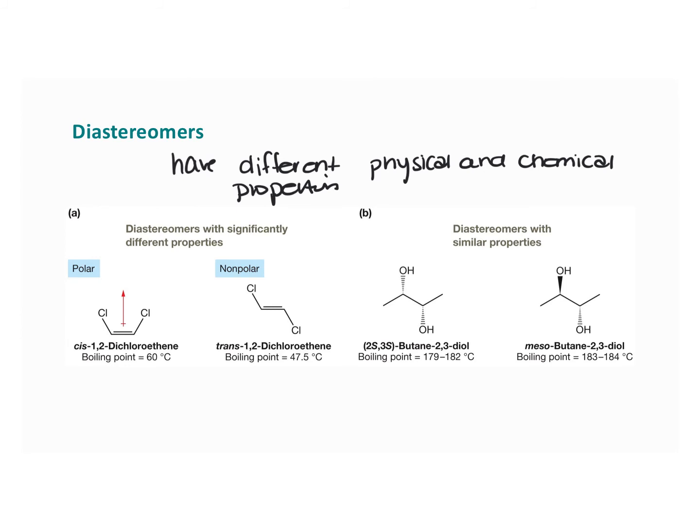For example, with 2S,3S-butane-2,3-diol, we're going to see that these have really similar properties because there isn't a big difference in, say, their polarity. So they are going to have different physical and chemical properties, but how big that variation is depends on the individual structures.